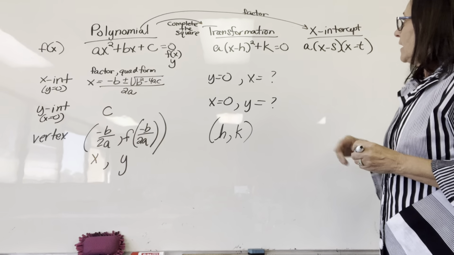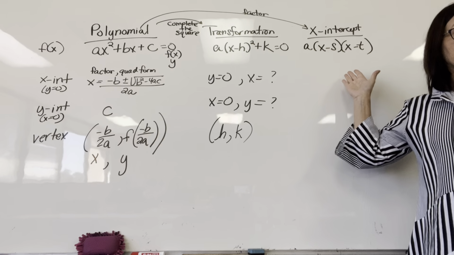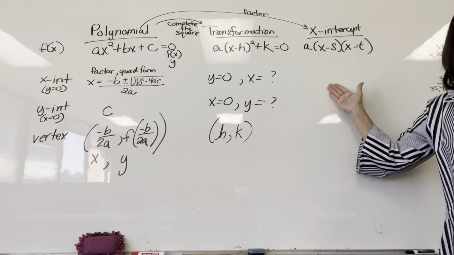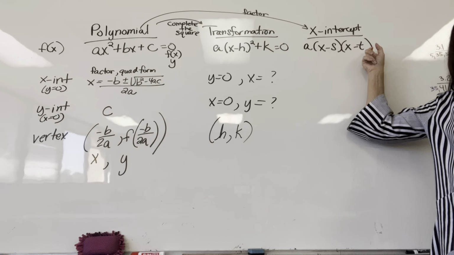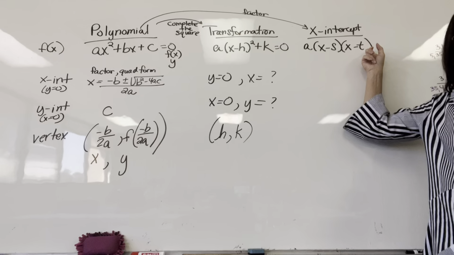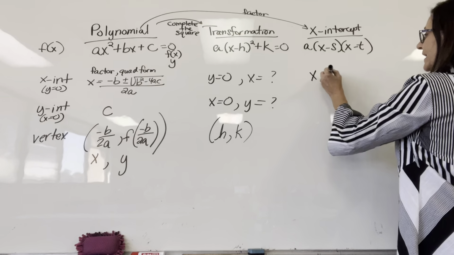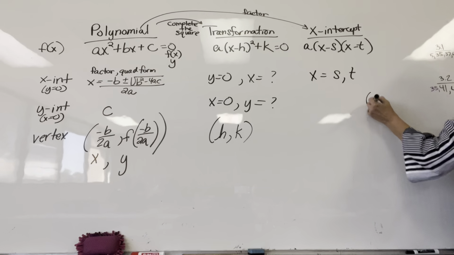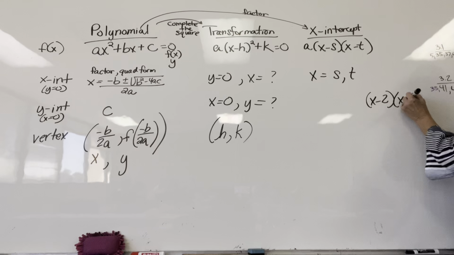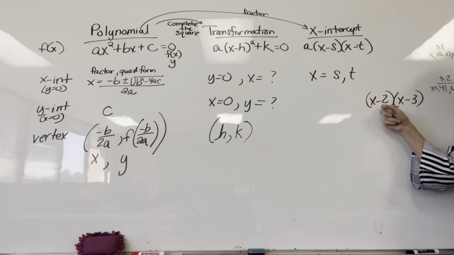All right. For the x-intercept form, it's like they're already factored, right? So we know what our x-intercepts are. It's this s and this t, the opposite of it, right? So literally, it is the value of s and t, because if it's x minus 2 times x minus 3, s is 2, s is not negative 2.